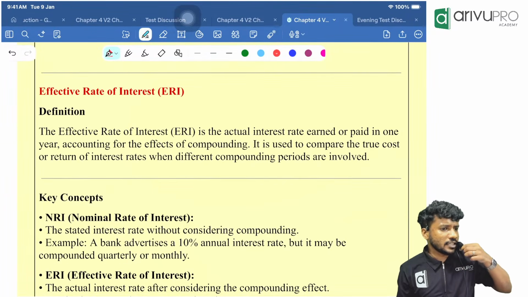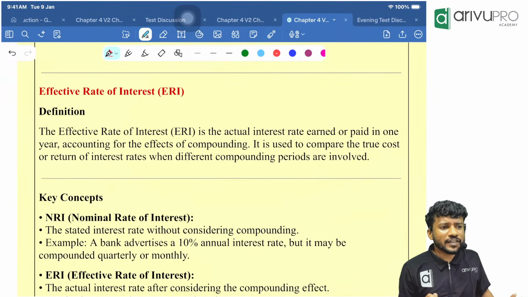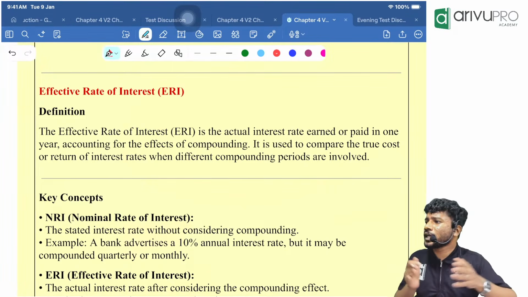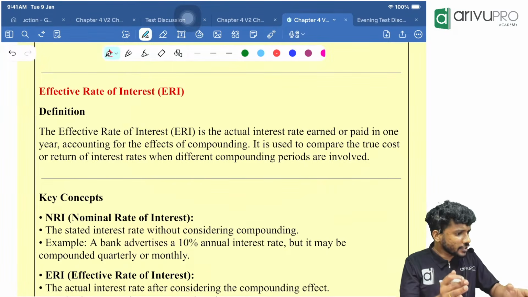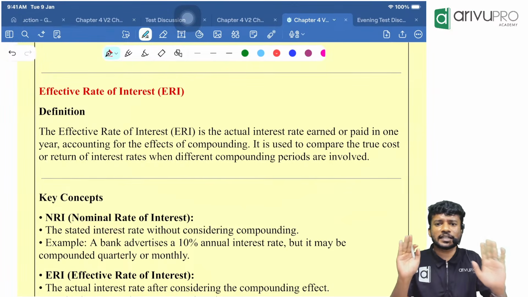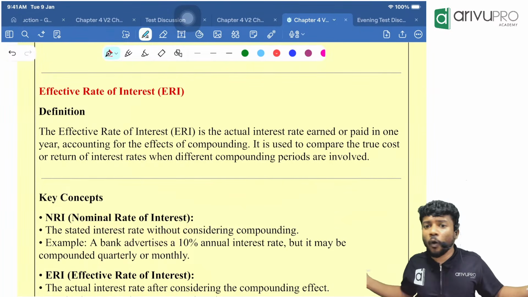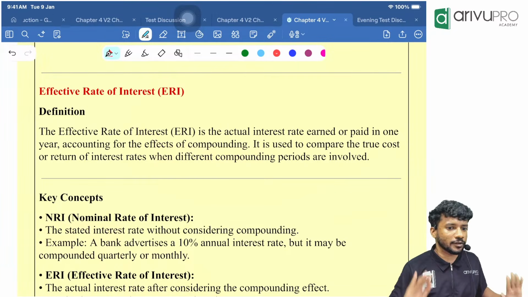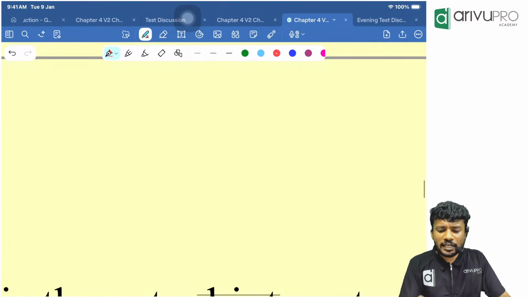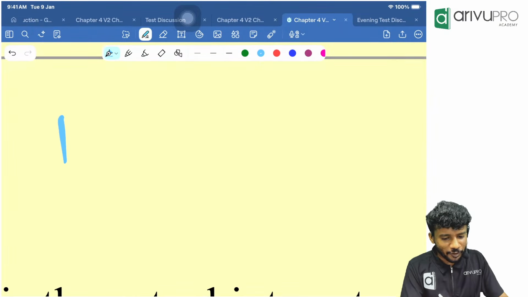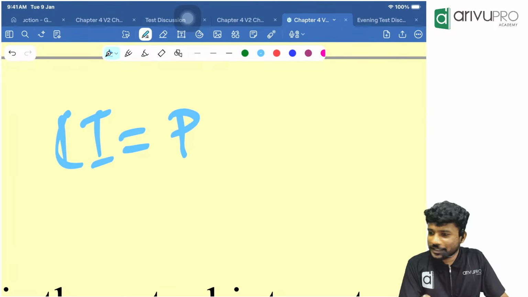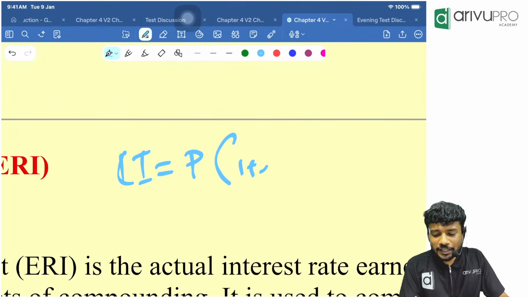Effective rate of interest is nothing but we are considering the compounding effect, and we are going to write the value of the effective rate after considering all the compounded effects. Now people, when I wrote the formula for CI, long back I told you, compound interest is nothing but principal into (1 plus i) the whole power n minus 1.